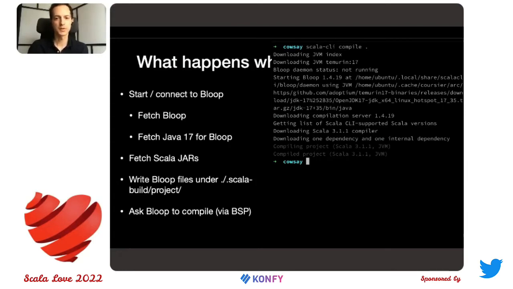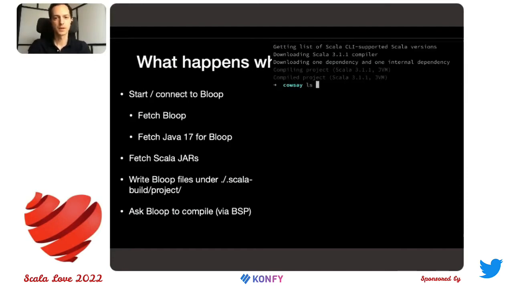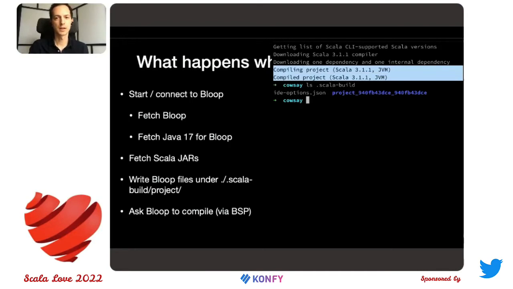Once we've done this, Scala CLI writes a few files in this directory. Then it connects to Bloop and asks Bloop to compile this project. There's only an empty file to compile, so it goes very fast.